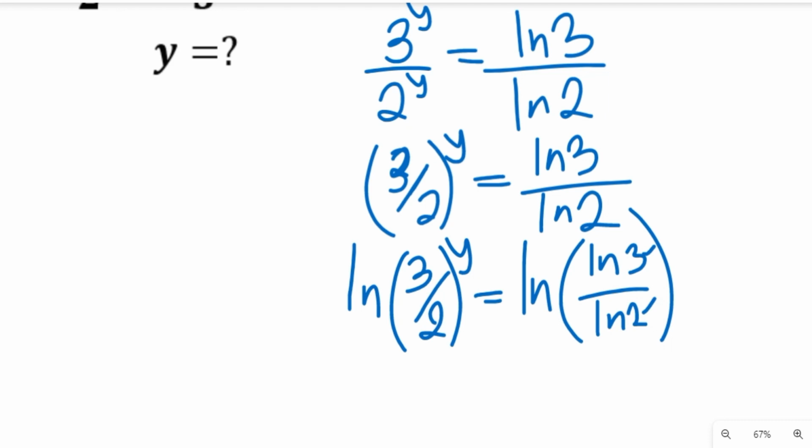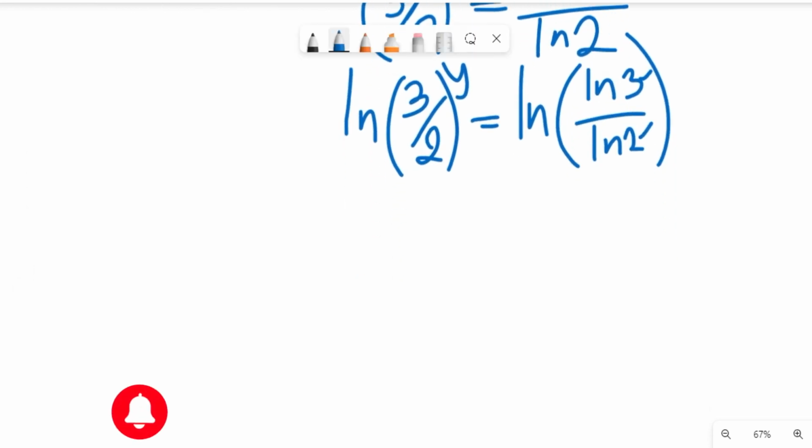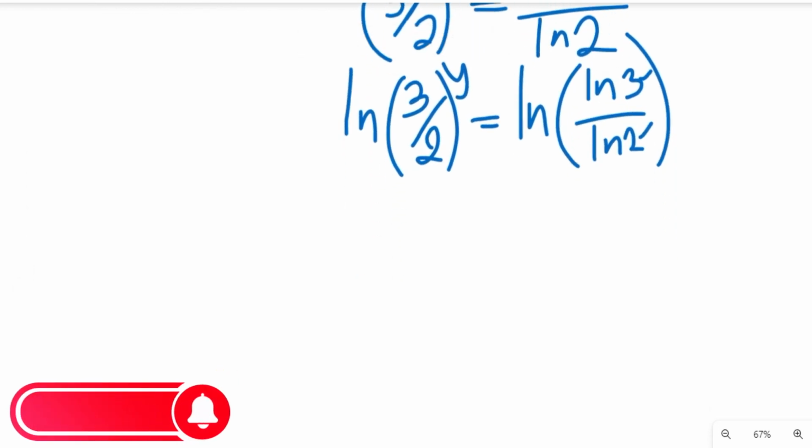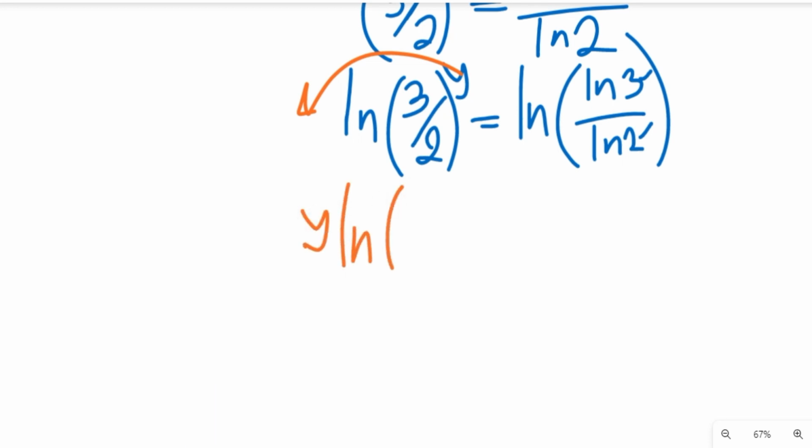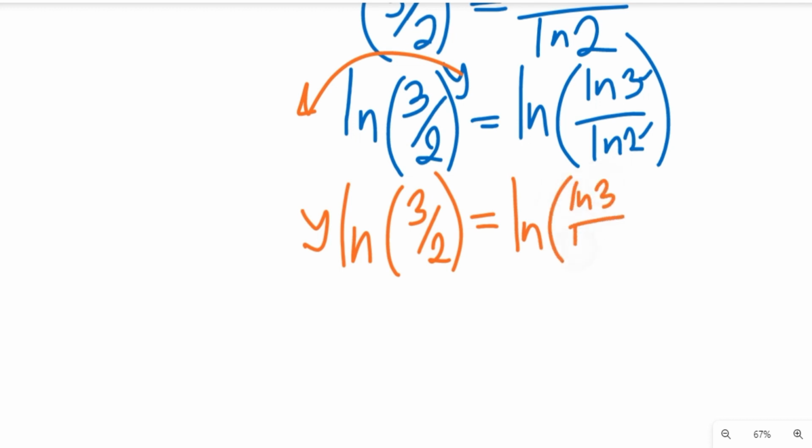So if we take the natural logarithm of both sides, this power will come over here, and this will give us y multiplied by the natural log of 3 divided by 2 equal to the natural log of 3 divided by the natural log of 2.